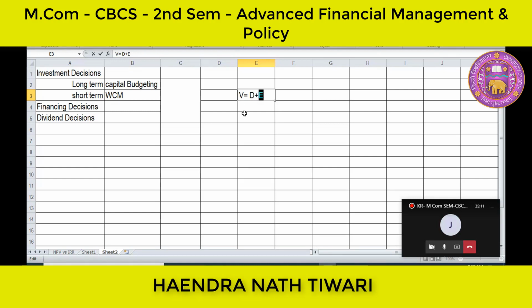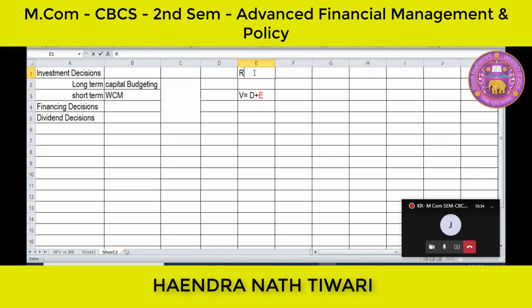So what is wealth? The value of the firm will convert into wealth. And this whole total wealth will be distributed between the equity shareholder and the debenture holder. Because as per assumption, we are assuming these two are the sources of fund providers.